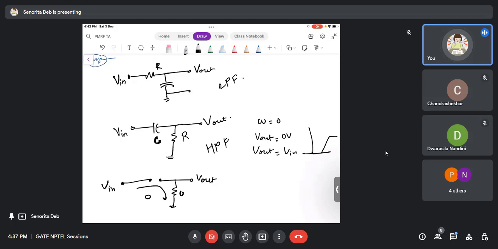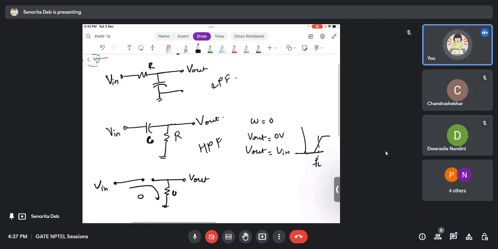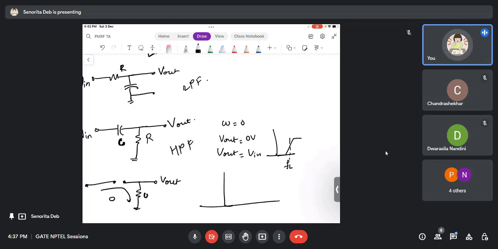This cutoff frequency is called FL, the lower cutoff frequency, because in the high pass filter, from the lower cutoff frequency, it will start showing you the output. And in the low pass filter, what we define is a higher cutoff frequency, FH, because the frequency occurs at a higher point. After that, it droops down.